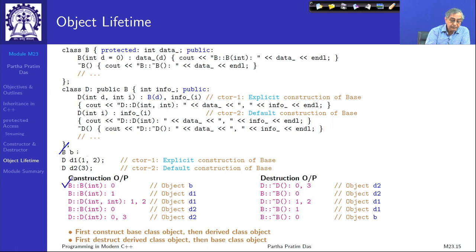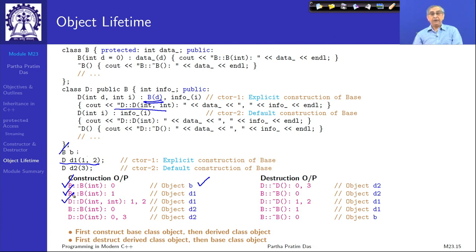So, the base class constructor with int value 0 will get called for object B. Then this will have to get constructed, which means that the base class constructor with the value d, which is 1, has to first happen. So, the base class constructor is called with value 1, then only the remaining part of the derived class construction can happen.